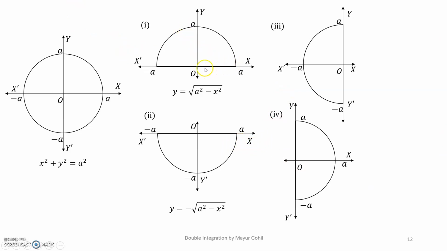Because it is above the x-axis, y is always positive. That's the reason you have y equals the positive square root of a square minus x square. Now, the similar logic follows in the second diagram. Because y is having negative values, you are going to have y equals minus the square root of a square minus x square.